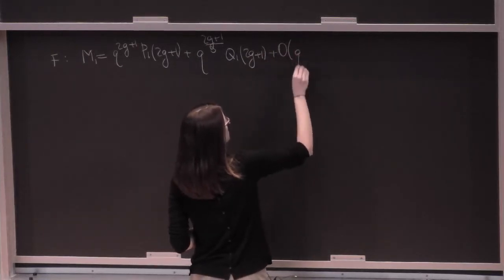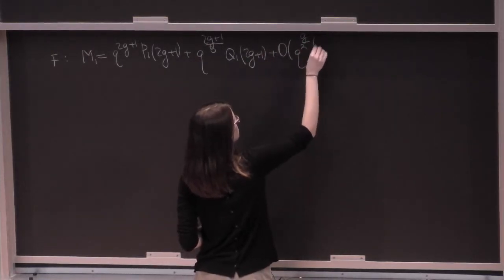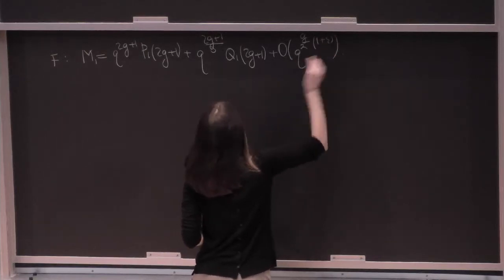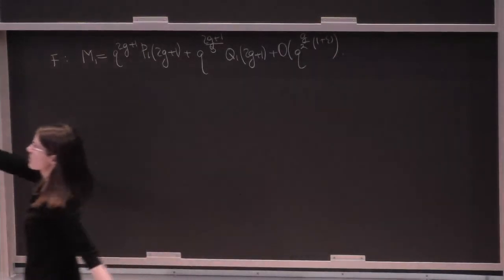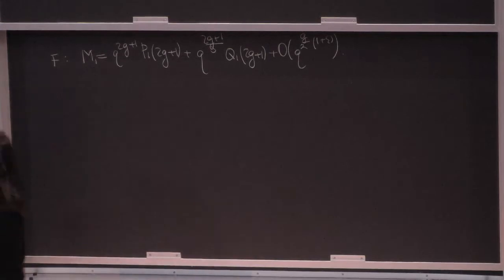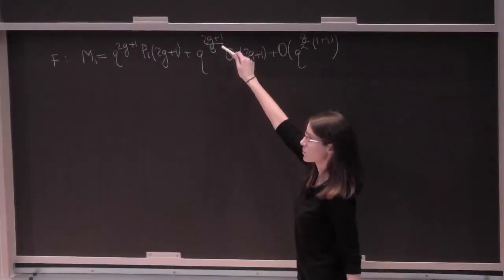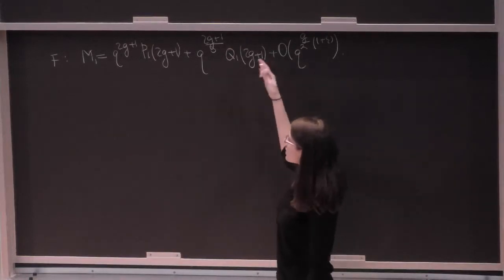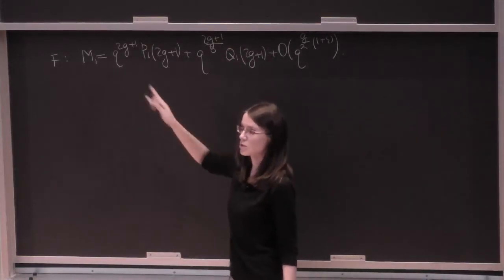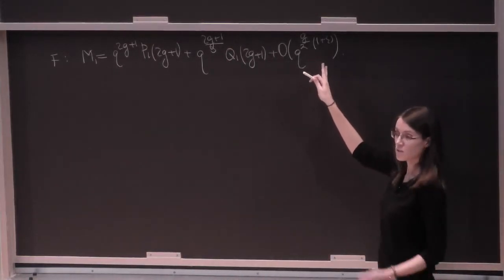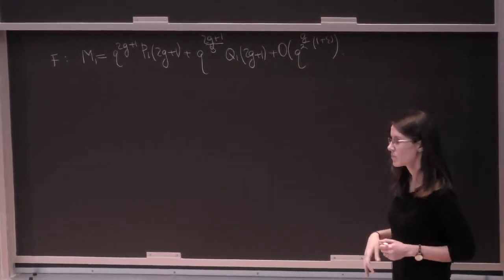And then we get an error of size q^(g/2 (1+epsilon)). So with this correspondence, this would correspond to a term of size x^(1/3). So it's a term of size roughly the cube root of the main term. And then the error is of size roughly x^(1/4).